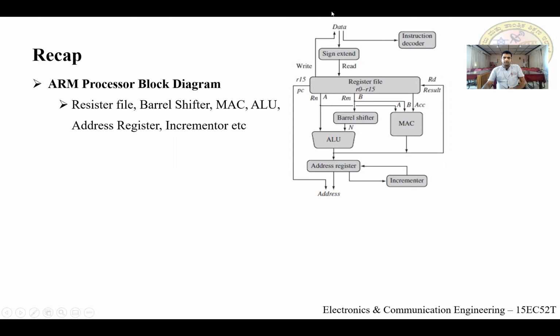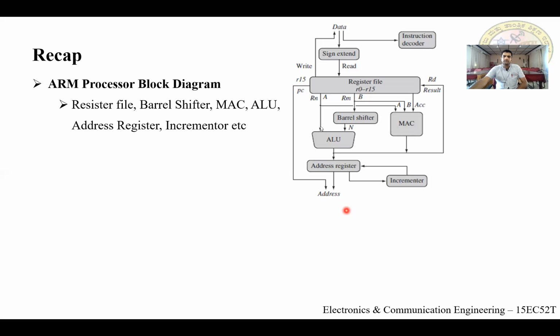In this block diagram, we have different sub-blocks such as the register file, that is R0 to R15, the barrel shifter, the arithmetic and logic unit, the multiply and accumulate unit, address register, incrementer, instruction decoder, and sign extension unit.